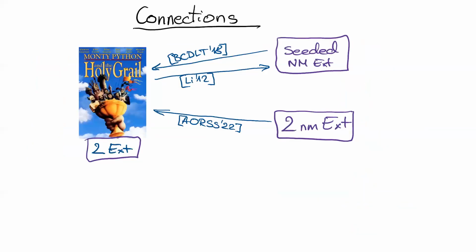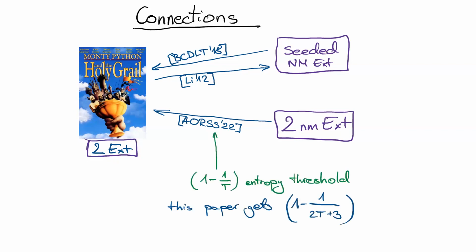So there's a lot of connections between seeded non-malleable extractors, two-source extractors, and two-source non-malleable extractors. And in particular, we know that if we could construct a two-source non-malleable extractor with entropy threshold 1 - 1/t, where t is the number of tamperings, or number of correlated sources, then we could get two-source extractors in a huge range of parameters that would imply all the cool stuff.